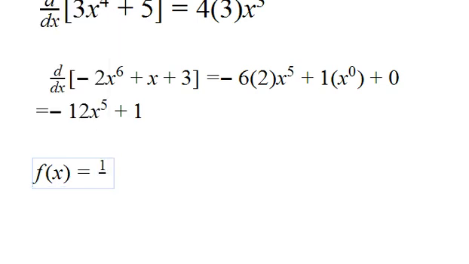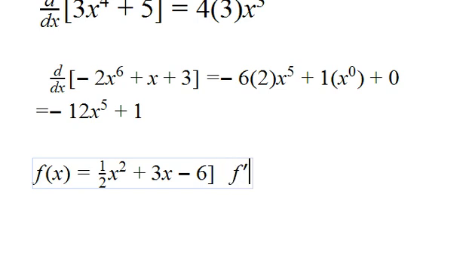What about 1/2 times x squared plus 3x minus 6, and we want to find the derivative. In other words, we're going to be asked to find f prime of x. We want to find f prime of x.